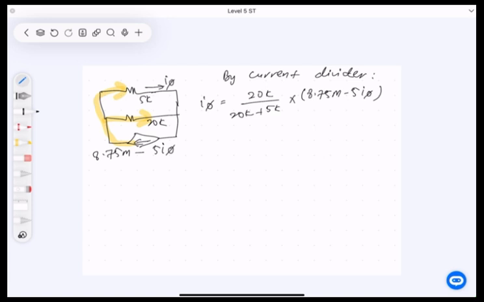Alright, this is maths. What I do next, I cross multiply, then I get 25 I5 equals to, plug into your calculator.